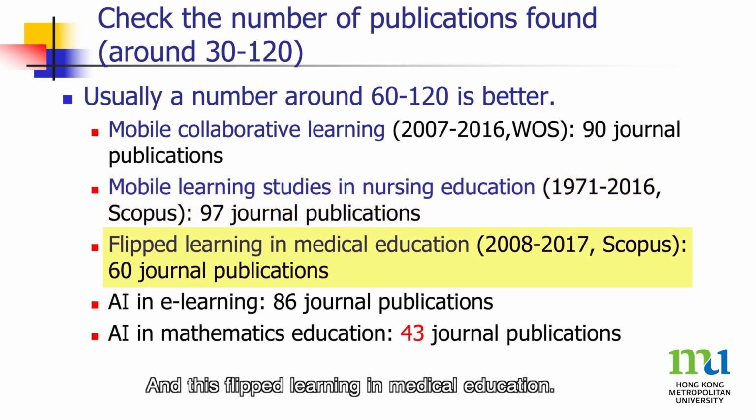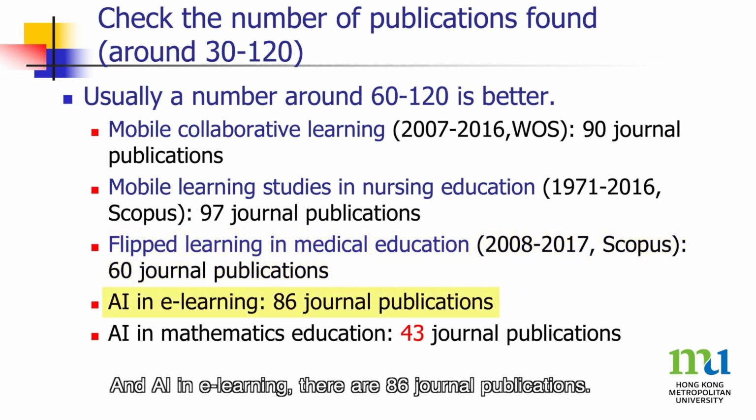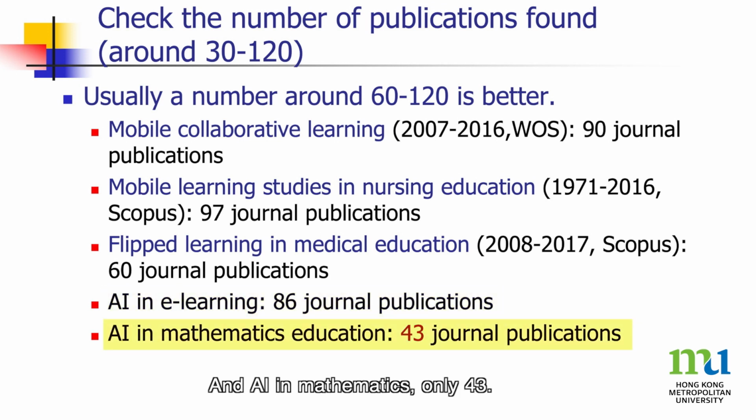And this one, on learning in medical education, we only reviewed maybe 10 years. There are 60 journal publications. And AI in e-learning, there are 86 journal publications. And AI in mathematics, only 43. That is the number we can afford to complete the review.